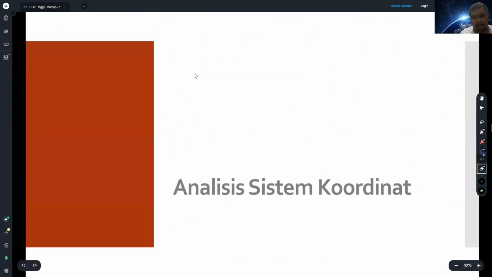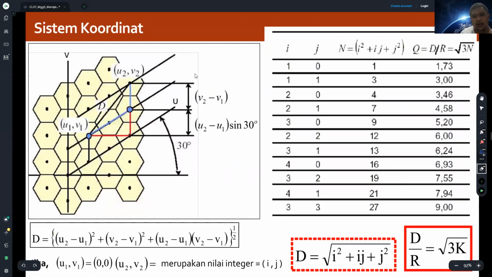Okay. Now we are going to learn about the coordinate system. If we are talking about the coordinate system, we know that the model of the cell is hexagonal, right? So one cell is equal to one hexagon.